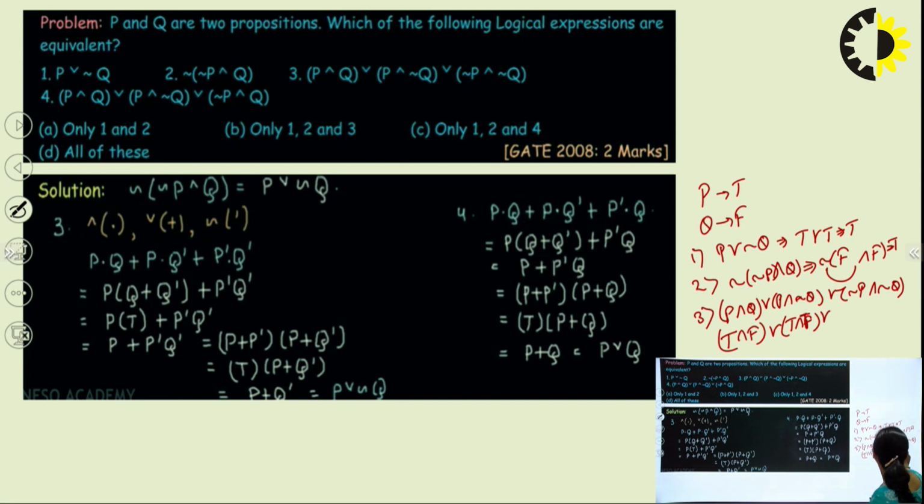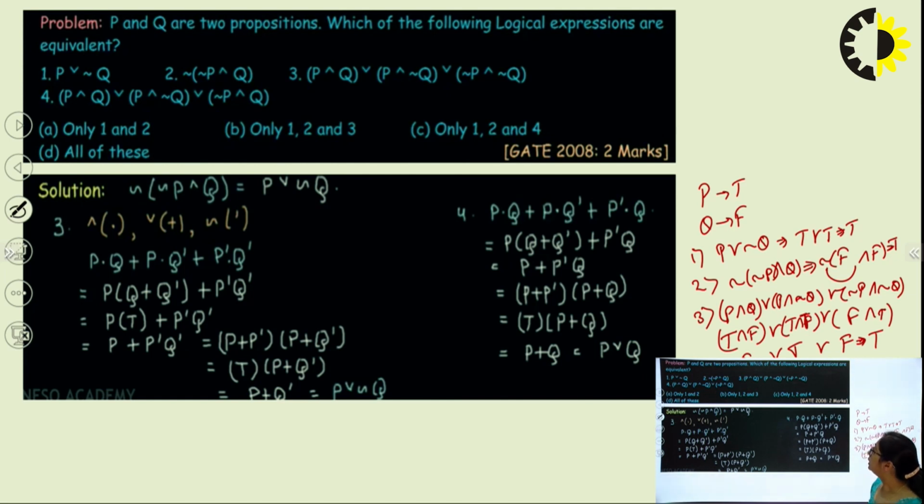And this is false and this is true. So this will give you the false value, this will give you the true value, and this will give the false value. So ultimately we got the result, the true value. So these three are equal.